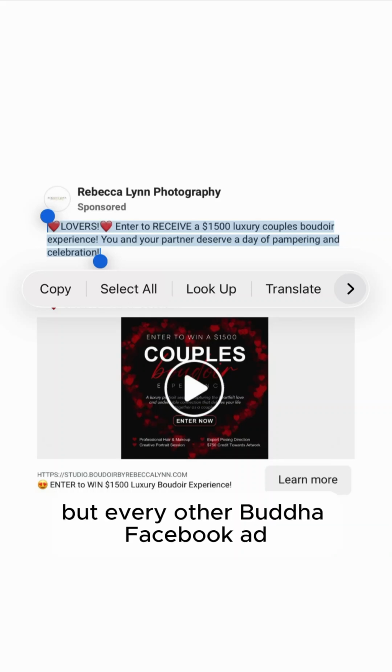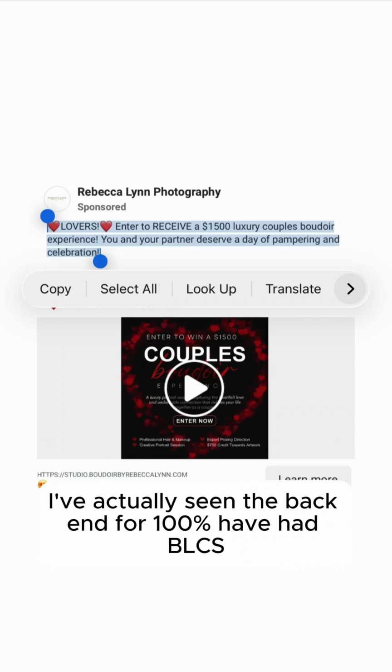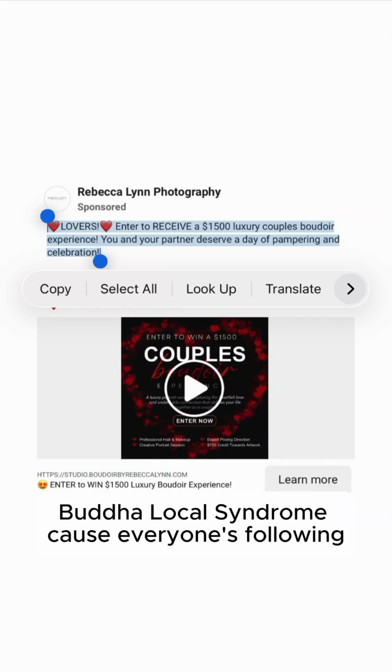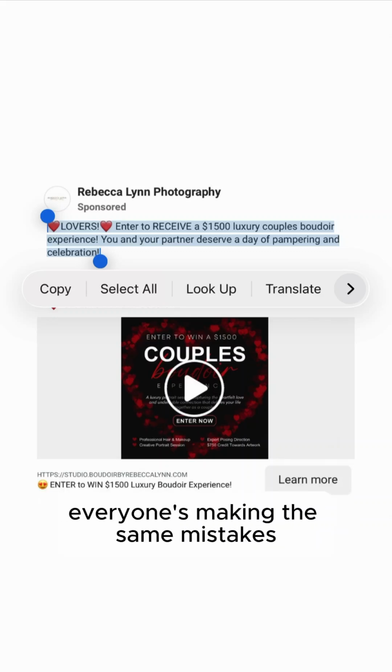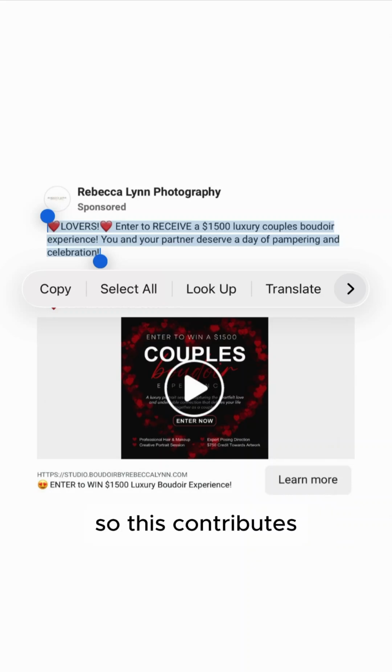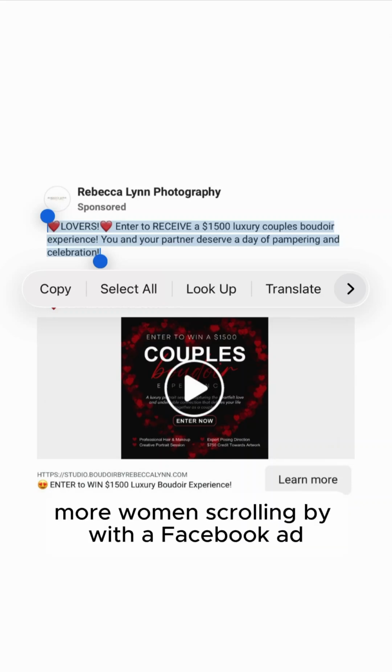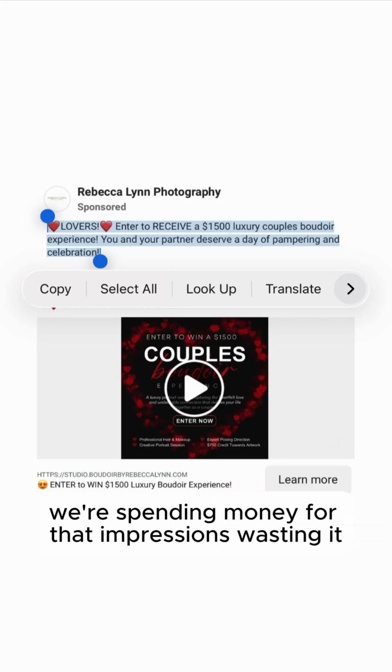But every other boudoir Facebook ad I've actually seen the back end for, 100% have had BLCS, boudoir low click syndrome, because everyone's making the same mistakes. So this contributes to more women scrolling by our boudoir Facebook ad than necessary. We're spending money for those impressions, wasting it.